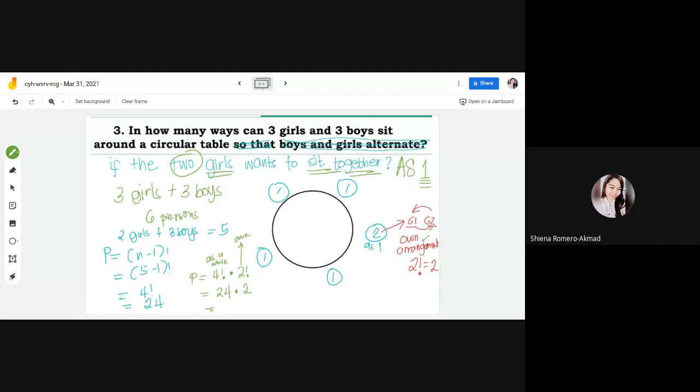And that is 40. Ay, why did I write a peso sign? I guess I want money. So let me fix that. Permutation now is equal to 48. That is because they wanted to sit together. Okay? Clear?